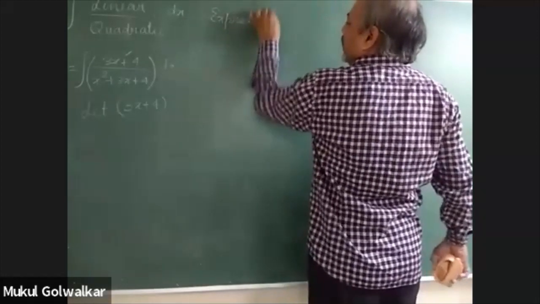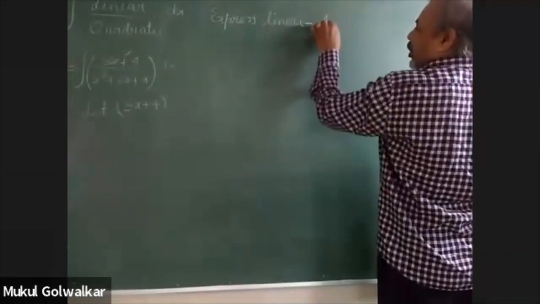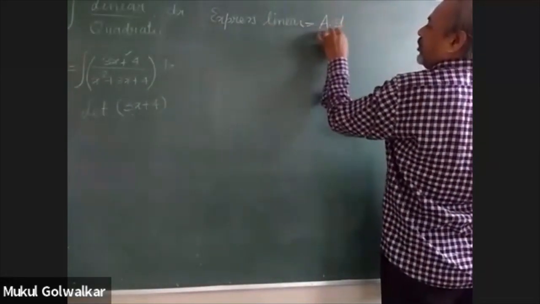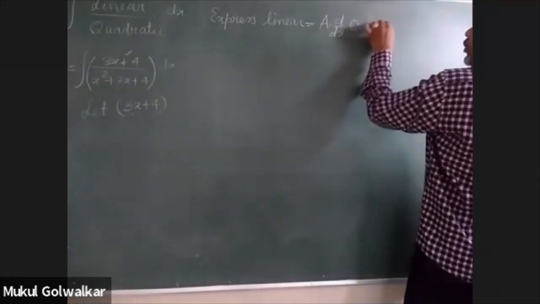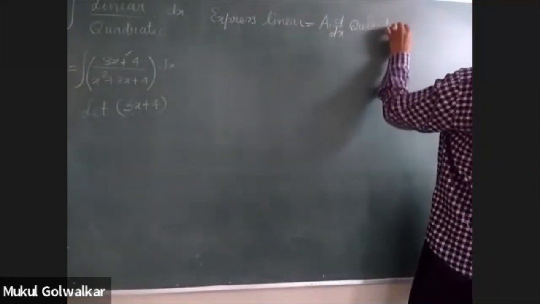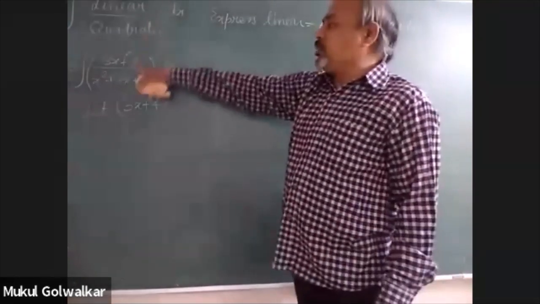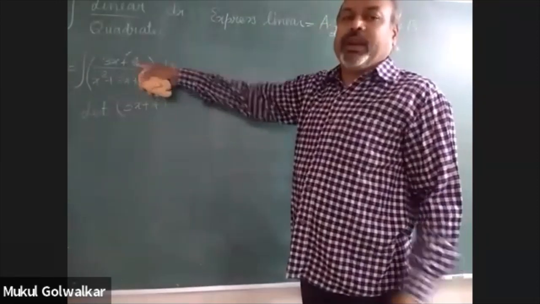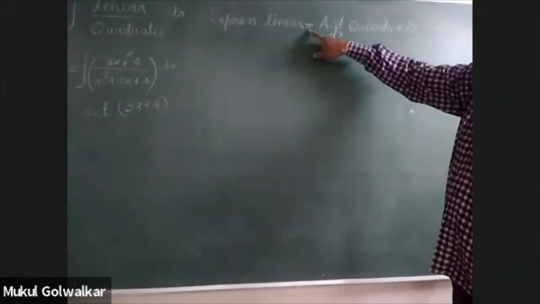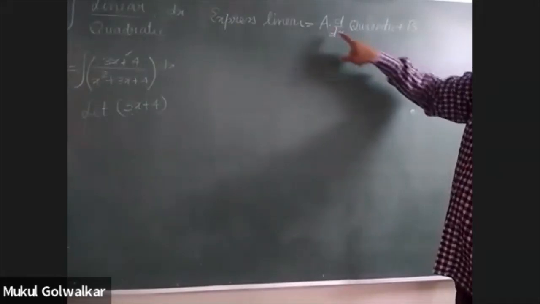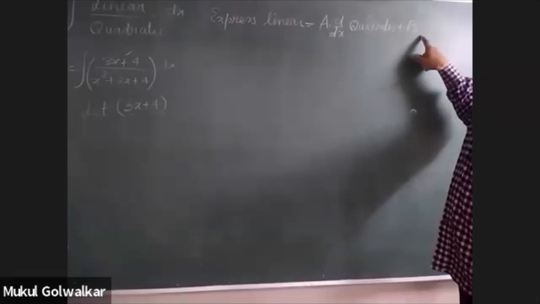Express linear is equal to a constant into derivative of quadratic plus b. Means this linear expression which is available in the numerator, we will be expressing that linear expression as some constant multiplied by the derivative of the quadratic in the denominator plus another constant.